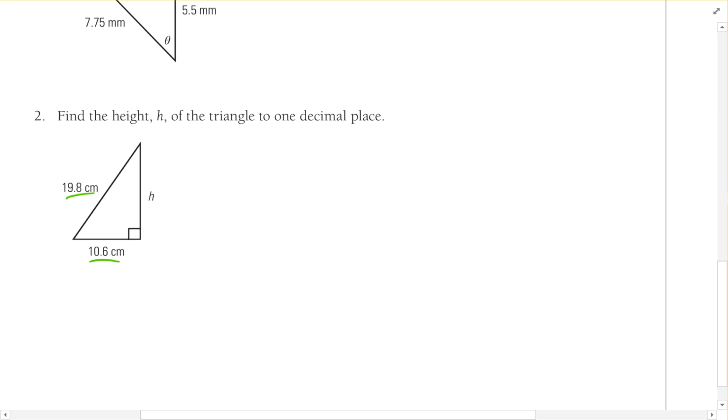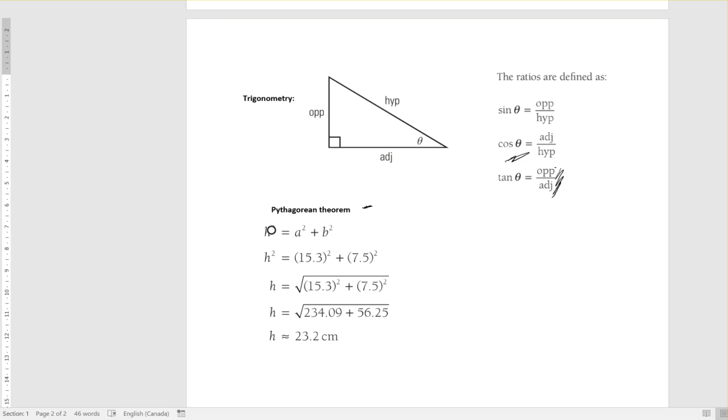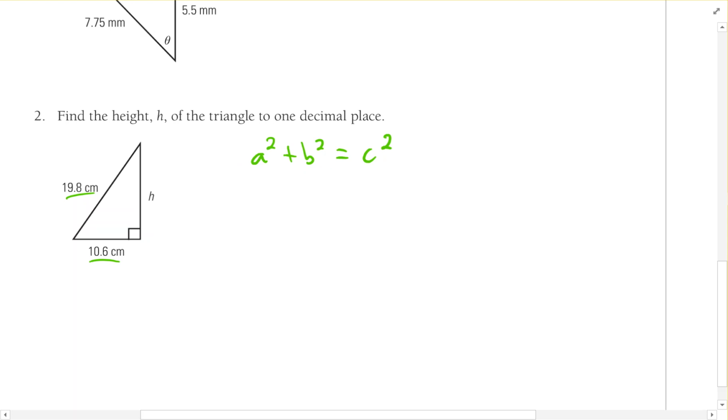So let's write out the Pythagorean theorem. We said it was a squared plus b squared is equal to c squared. On your formula sheet, it's written as h squared instead of c. It doesn't matter what you call them. The hypotenuse is what that is. So we're calling this c, this a, and this h we'll call b, just to keep it simple.